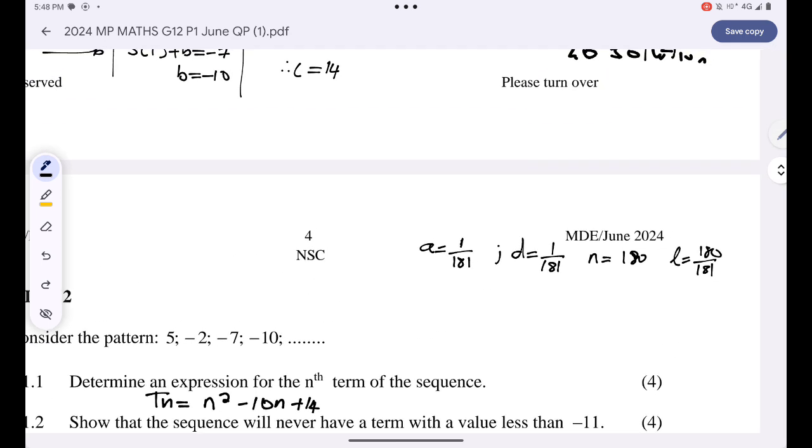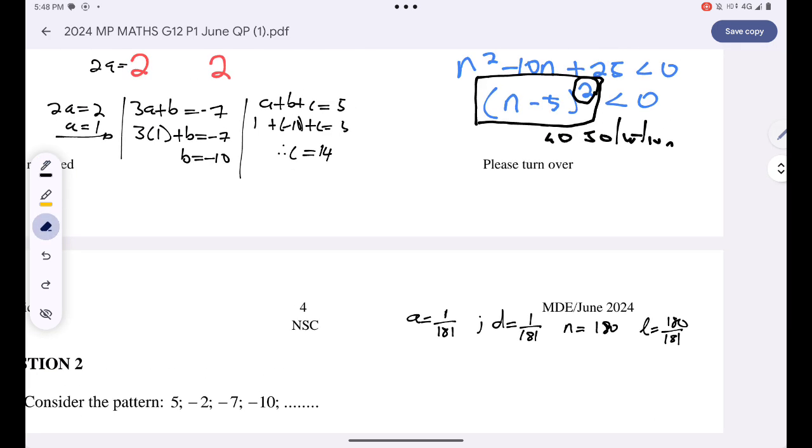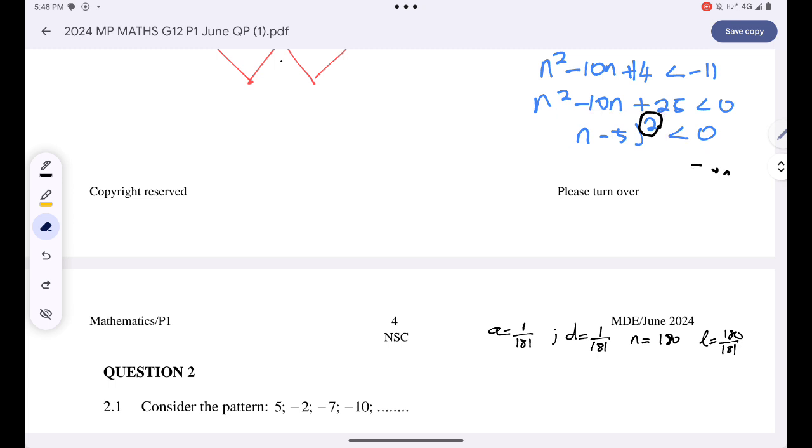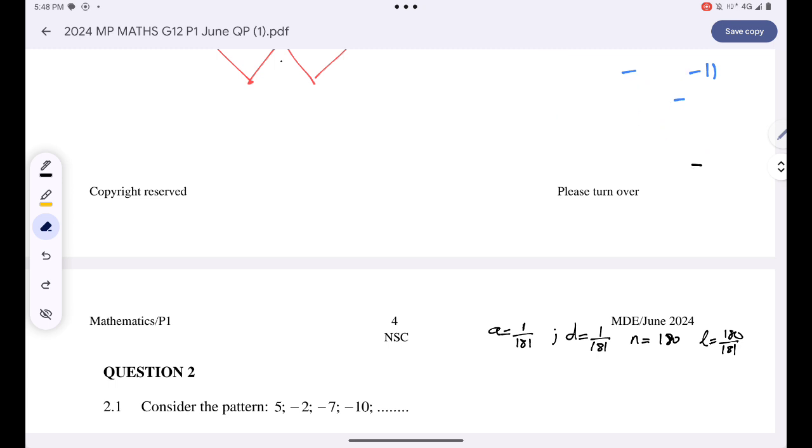So for me to find the sum of the first 180 terms of this particular sequence, I can simply say Sn is equal to n over 2 multiplied by 2a plus n minus 1 times d.